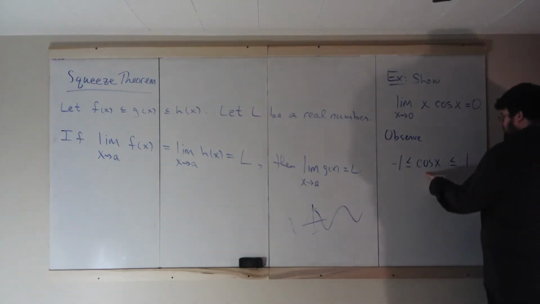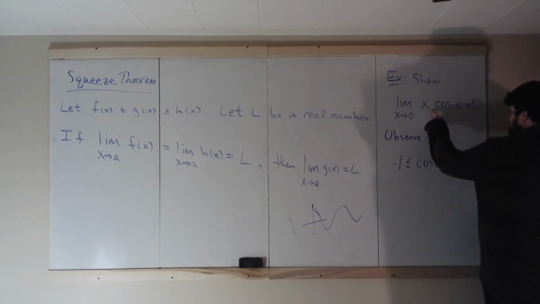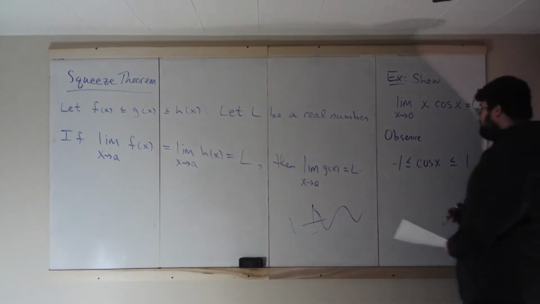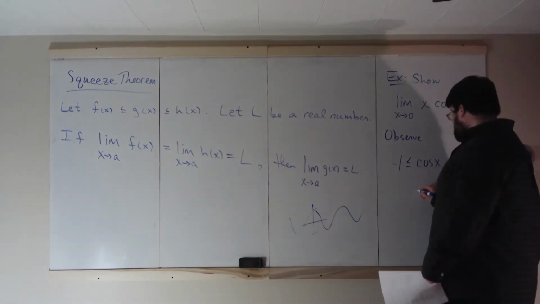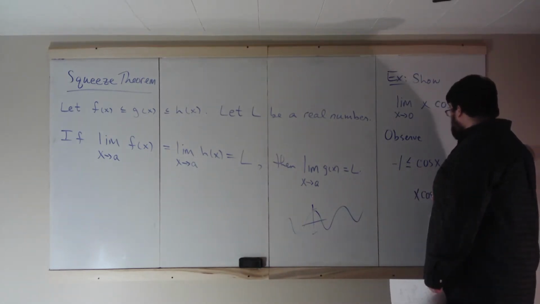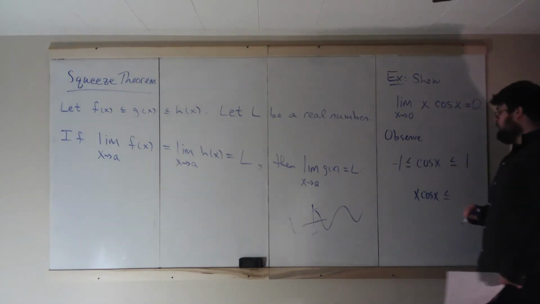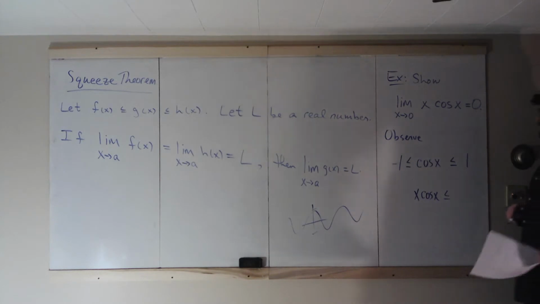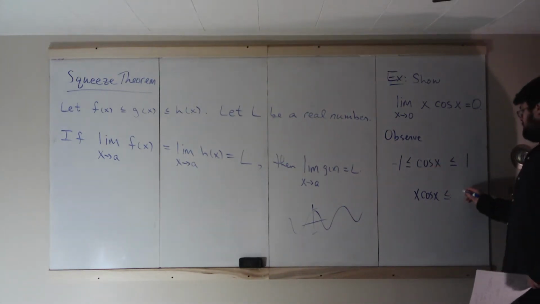We have an observation about cosine, but we care about x cosine. How can we resolve that? Let's throw an x on it. What happens if we throw an x on it? It changes the inequality. If we throw an x on this, we have to throw an x on everything.